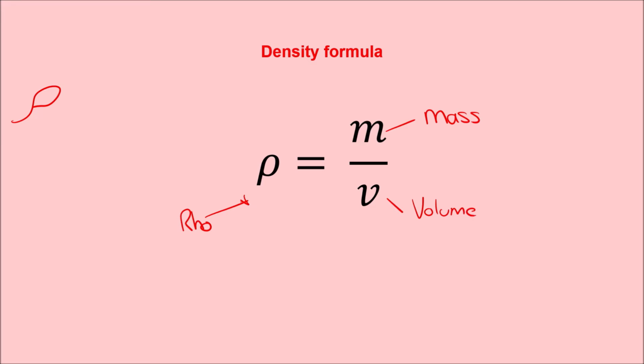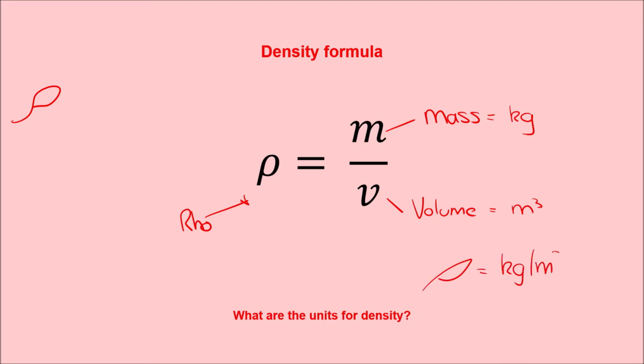So let's have a think. What units have we got for density? Going back to units, one of the things that keeps tripping us up. Mass is in kilograms, volume is in meters cubed. So the density is equal to kilograms per meter cubed.